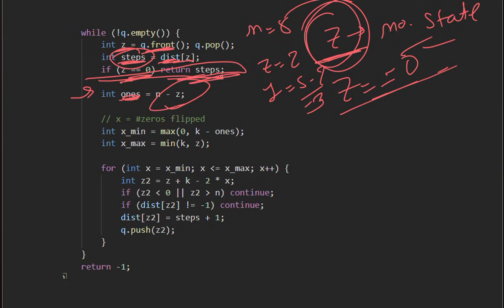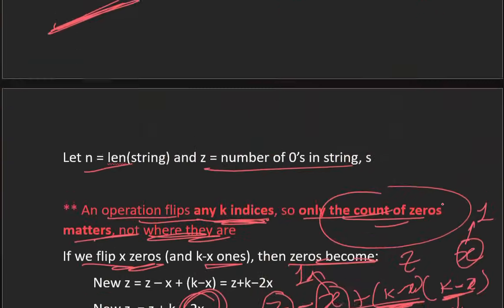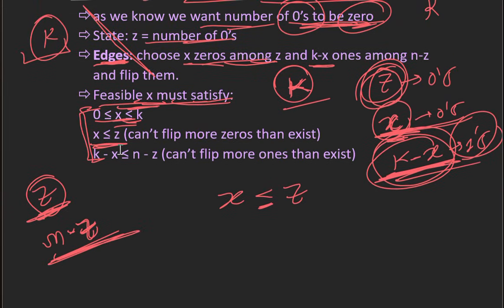Now next, we have flipped x zeros, right? So what will be the minimum value for x? As we have already discussed, x should be less than or equal to k, x should be less than or equal to the number of zeros, and k minus x should be less than or equal to the number of ones, right? These are the three conditions I am talking about.